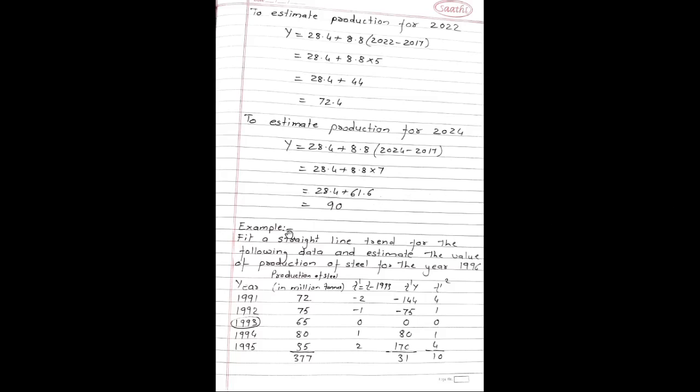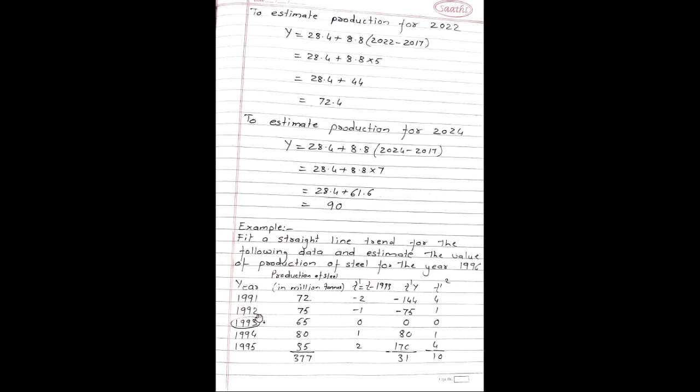See the second example. Fit a straight line trend for the following data and estimate the value of production of steel for the year 1996. So year and production of steel values are given. It is in million tons. So for year 1991, the production of steel is 72 million tons.